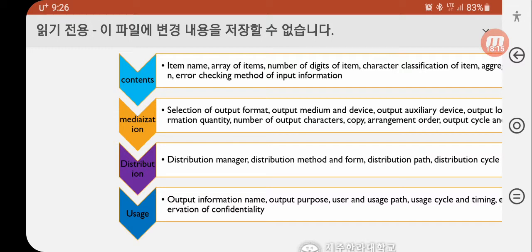This step proceeds item name, array of items, number of digit of items, character classification of items, aggregation, classification, error checking method of input, output information.